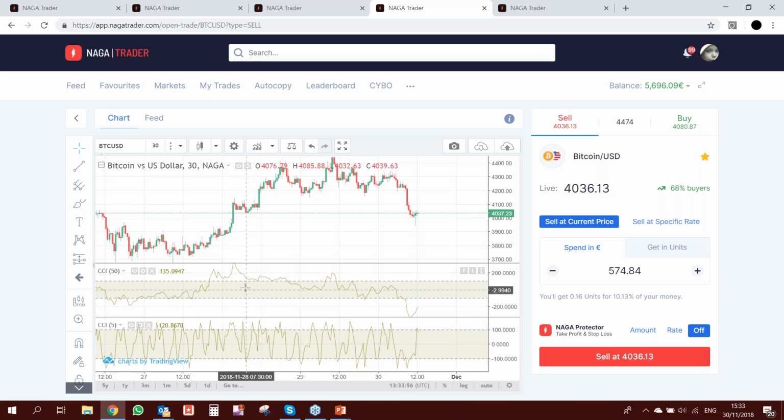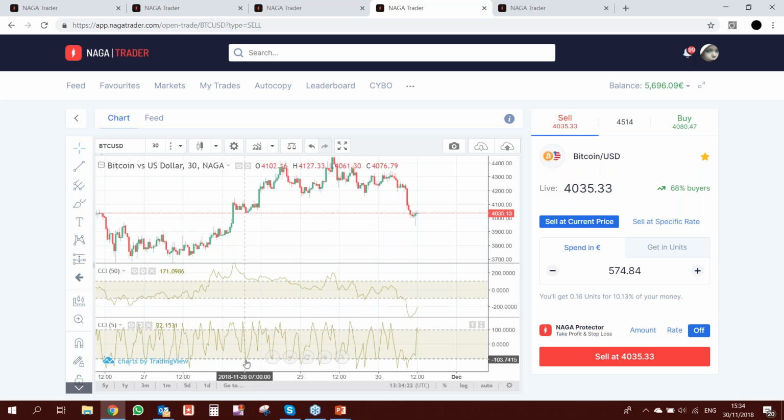Now, a very, very good strategy is establishing the trend on the bigger indicator. For example, we have a break on the upside signaling strong upward movement, and then we're waiting for the smaller one to reach our oversold area.